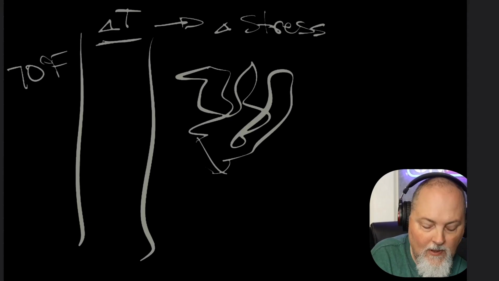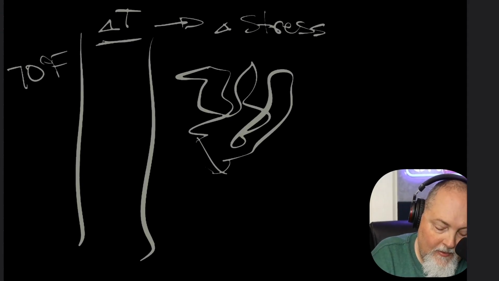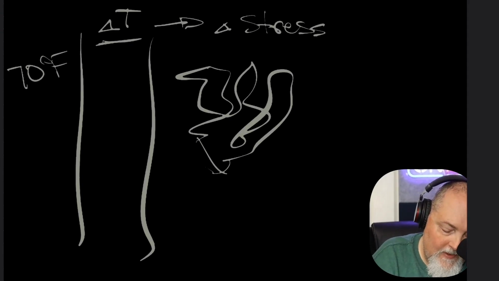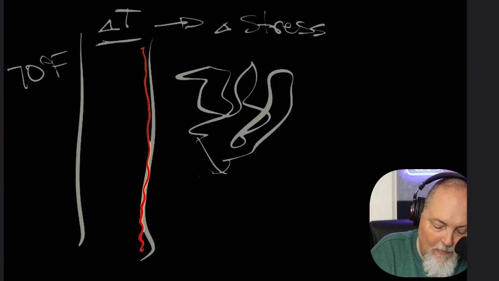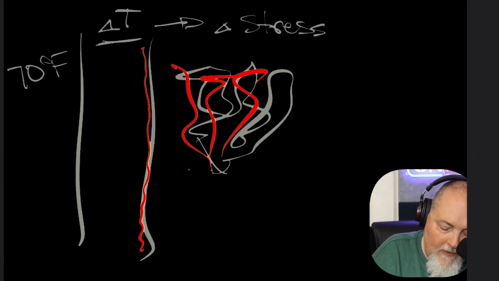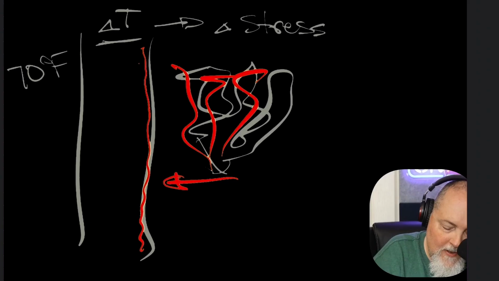So the outer layer responds first. We saw this, I'll use red here. This outer layer responds first, and then the inside lags behind. So this heat is moving into the material layer by layer by layer.